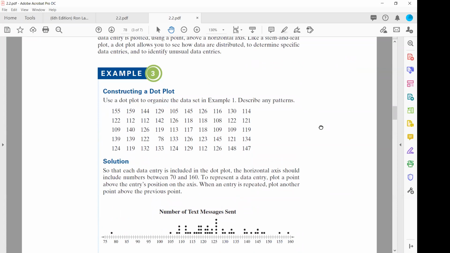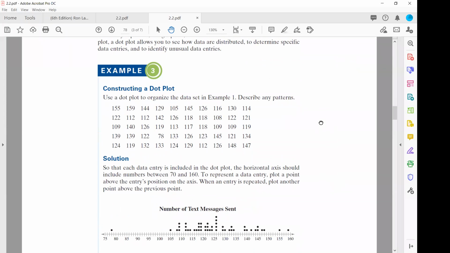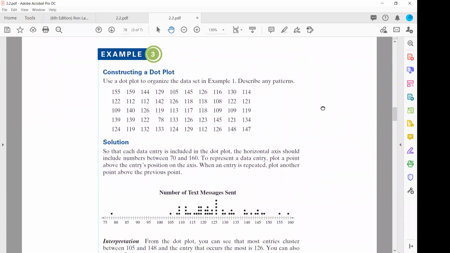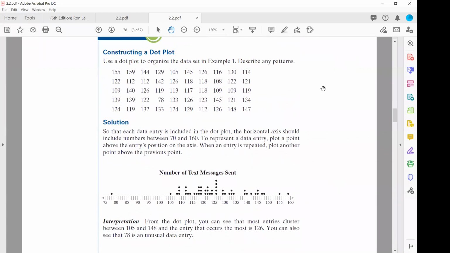You have numbers repeating the exact same collection from the previous example. The smallest value was 78, so you use one dot on top of 78. The next number was 105, and we had only one 105, so you put one dot on top of 105.